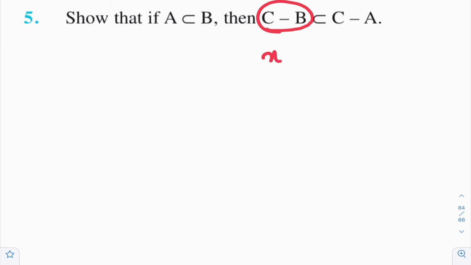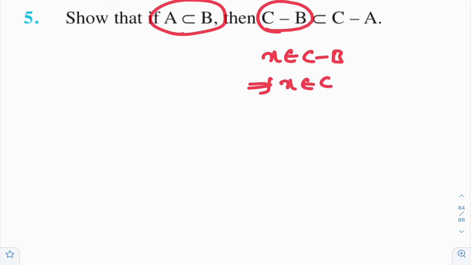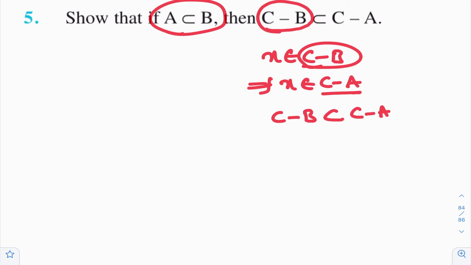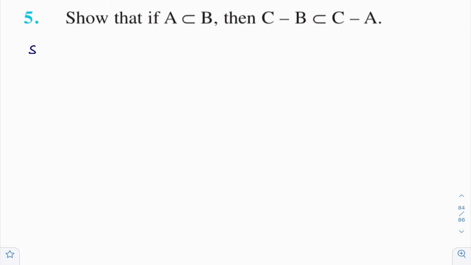I'll take x in C minus B. By using this information, I'll prove that x belongs to C minus A. So whenever x belongs to C minus B implies x belongs to C minus A, at that time I can say that C minus B is a subset of C minus A. Okay, first thing, I'll take let x belong to C minus B.